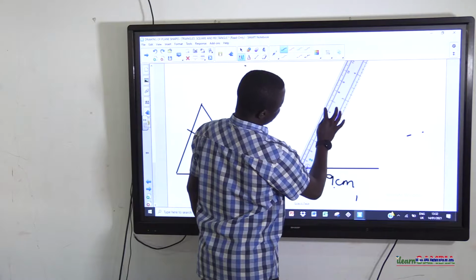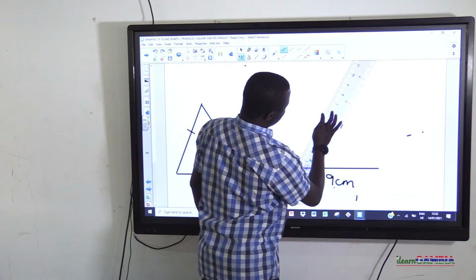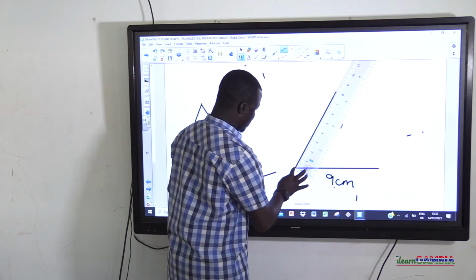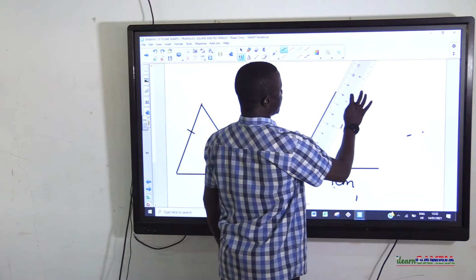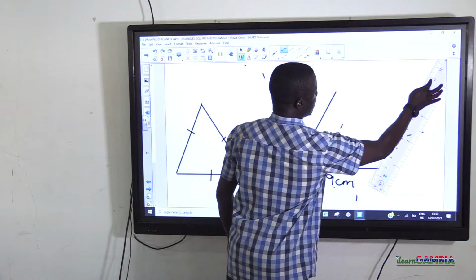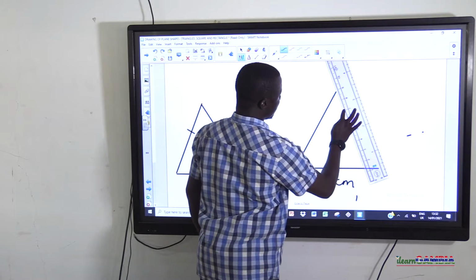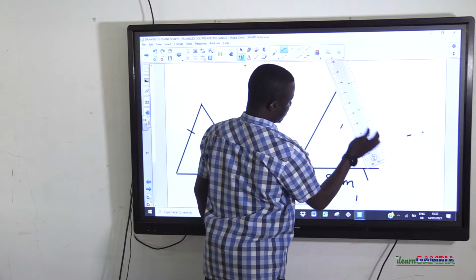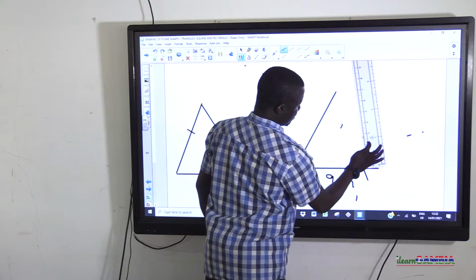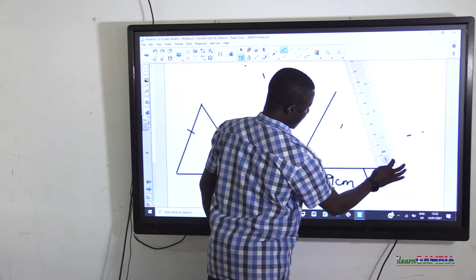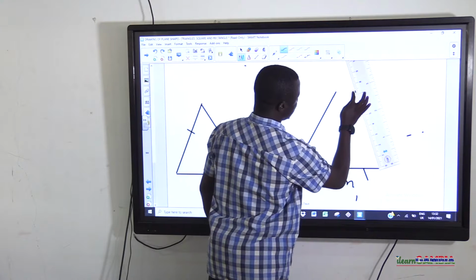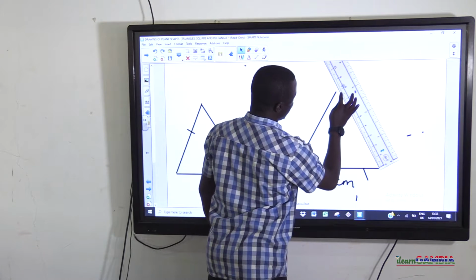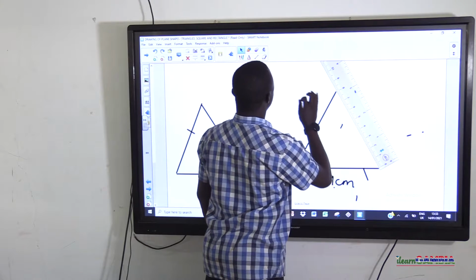Let's see if this is possible. Or we can even make it 8. There we go. We can still move our ruler and draw 8 centimeters as we did before.